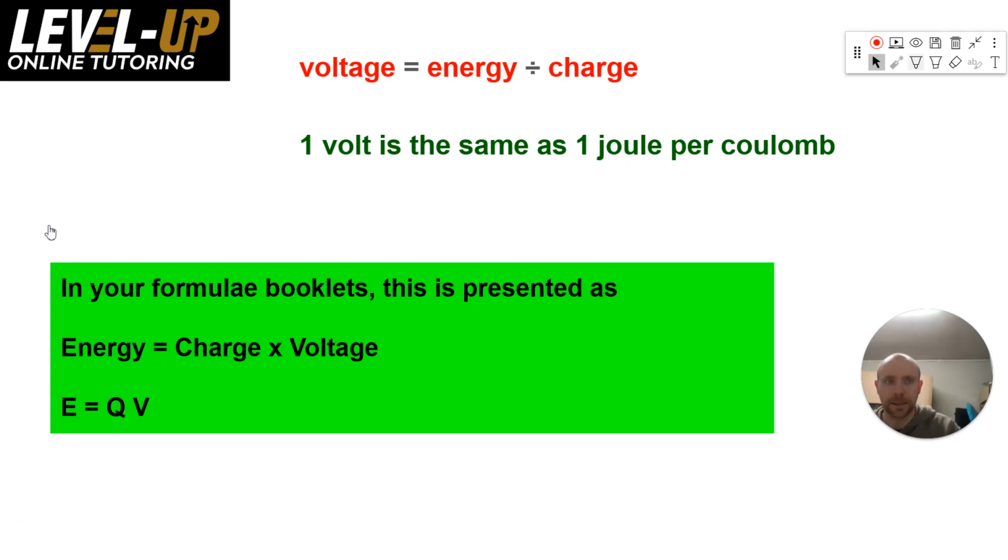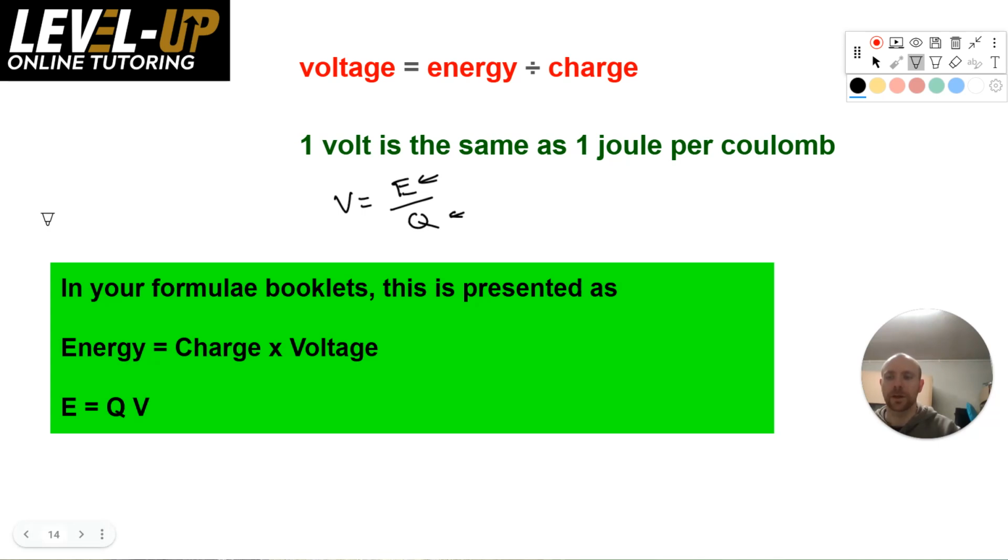I like to think of voltage as how much energy per coulomb, energy for a given charge, but your booklets would like you to know this. Just a rearrangement of it. E equals QV. The energy equals the charge in coulombs multiplied by the voltage in volts.